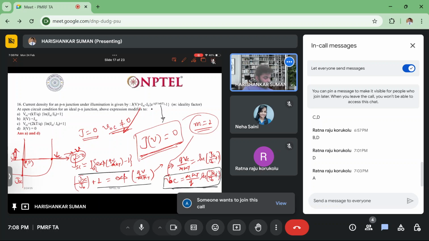And the ideality factor depends on whether it is a direct or indirect band gap. Clear? Any doubt? You will get this expression. So no doubt, we can move to the next question.